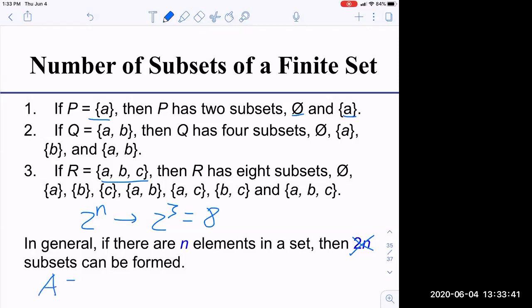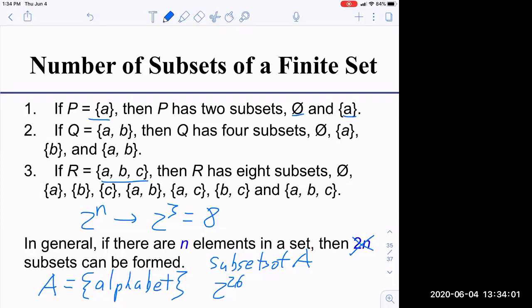If I said A was the set of the alphabet, then the number of subsets of A is 2 to the 26, since there's 26 letters in the alphabet.